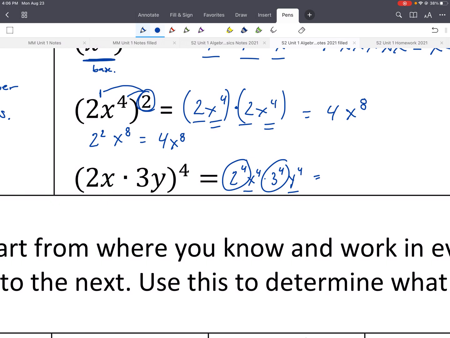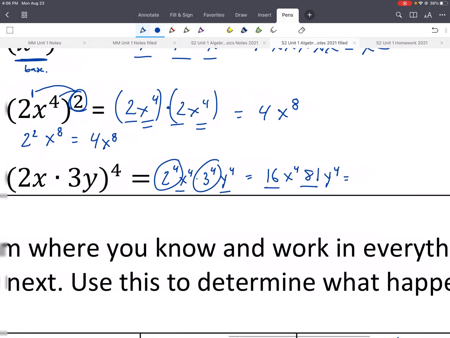So let's figure that out real quick. 2 to the 4th gives you 16, x to the 4th, and then 3 to the 4th would be 81, y to the 4th. And then we can multiply those together. So we end up getting this.